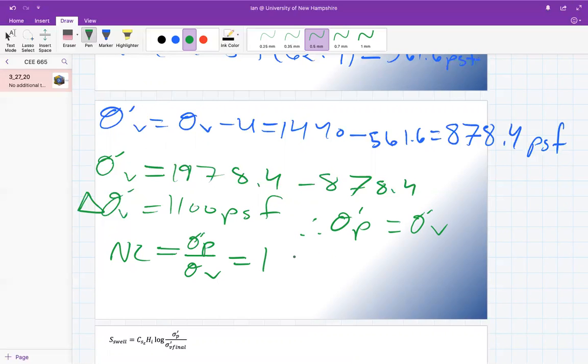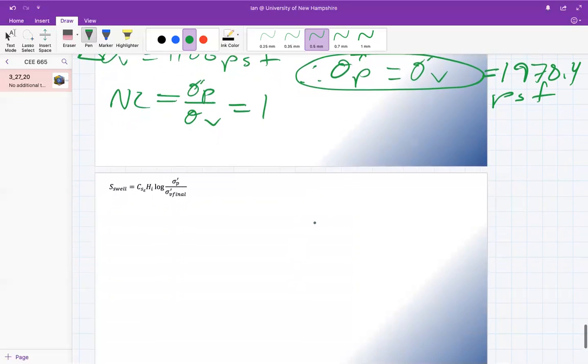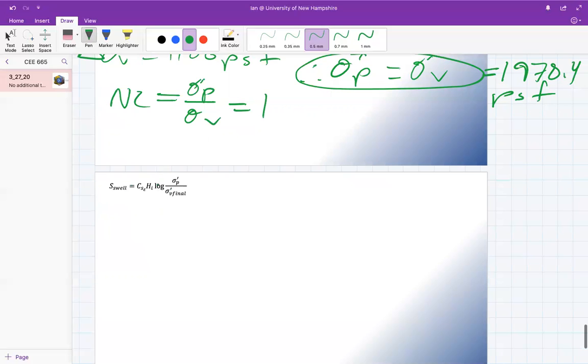So we're going to say both of these in our initial condition equal 1978.4 PSF. Now I'm going to use this equation, which is also in your textbook. I think this is page 369 or somewhere in that region.